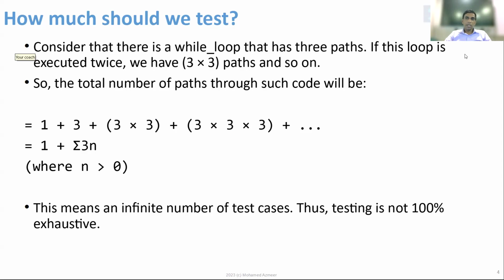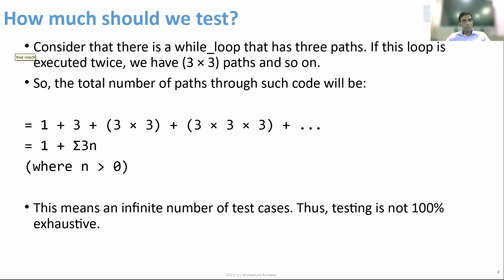Just to show you an example, look at this calculation. This is a very basic calculation. Let's say there is a loop that has three components, three things going on. If you run once, it will go 1, 2, 3. If you run again, then it is 3 times 2. If you run a third time, it's 3 times 3.